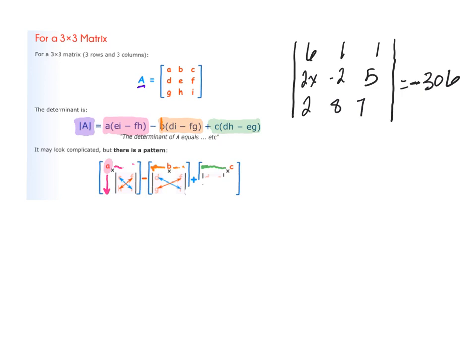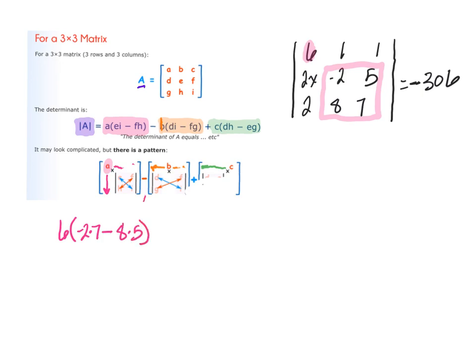So what I'm going to do is take my A, which is the 6. Remember, I'm not going to use anything in that same column or row, so I'm using these 4 numbers. I'm going to say 6 times (negative 2 times 7 minus 8 times 5).